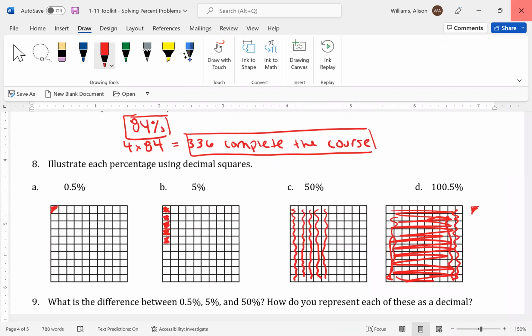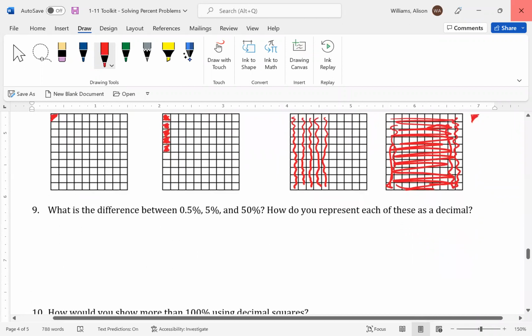Okay, so what is the difference between 0.5%, 5%, and 50%? Well, 0.5% is representing less than 1%.